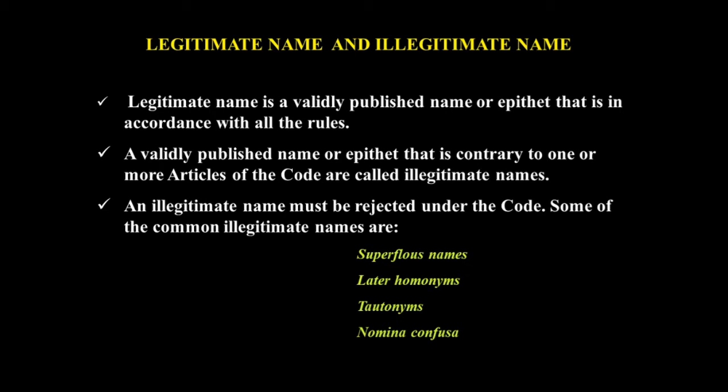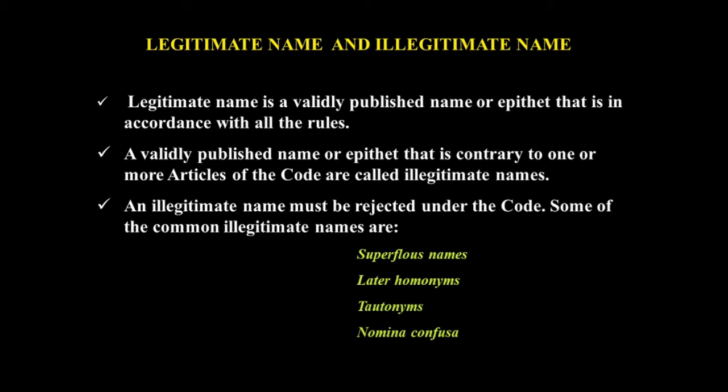A legitimate name is a validly published name or epithet that is in accordance with the rules. So all names which are in accordance with the rules of ICBN are considered legitimate names. A validly published name or epithet that is contrary to one or more articles of the code is called an illegitimate name. An illegitimate name must be rejected under the code.